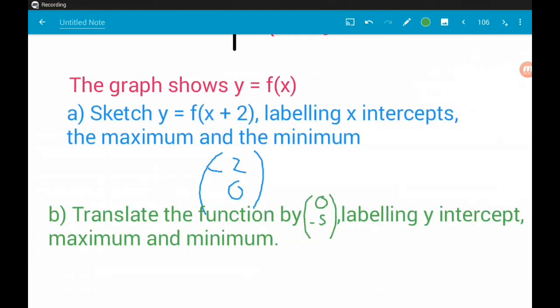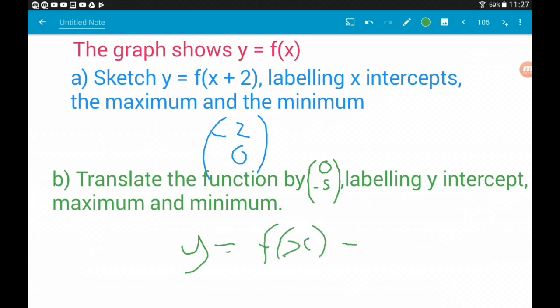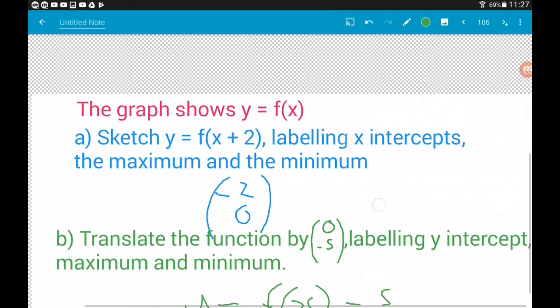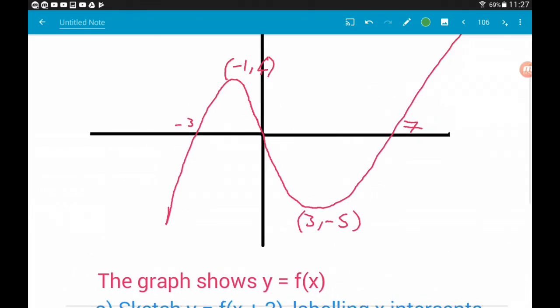Okay, then for part B, we want to translate the function by the vector (0, -5), labelling the y-intercept, the maximum and the minimum. So, what we are finding here is y equals f of x minus 5. This is a translation vertically downwards by 5 places.